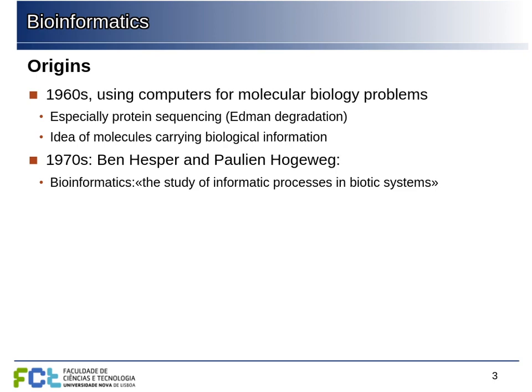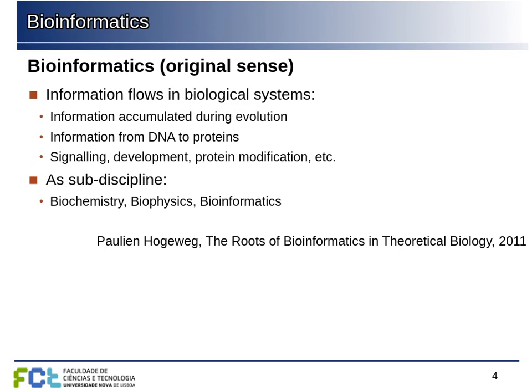So the idea is a bit like we have biochemistry, which studies the chemical aspects of biological processes. Biophysics studies the physical aspects, and bioinformatics would focus on the information aspects of biology.